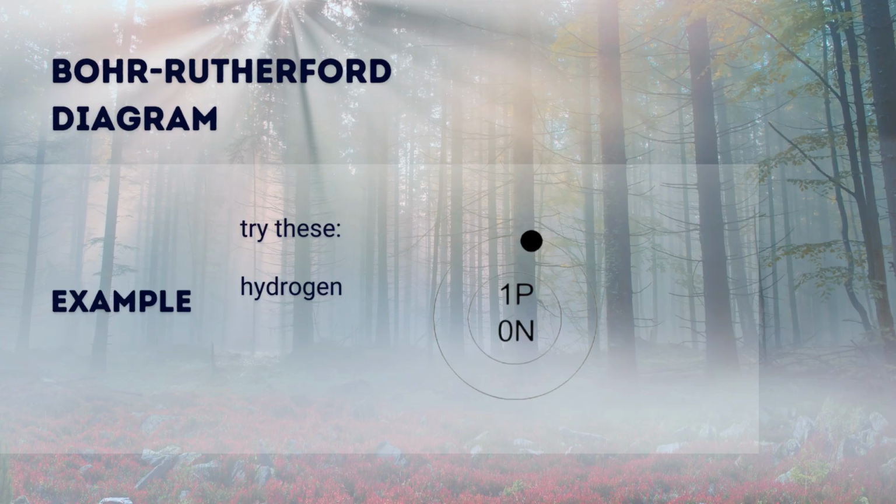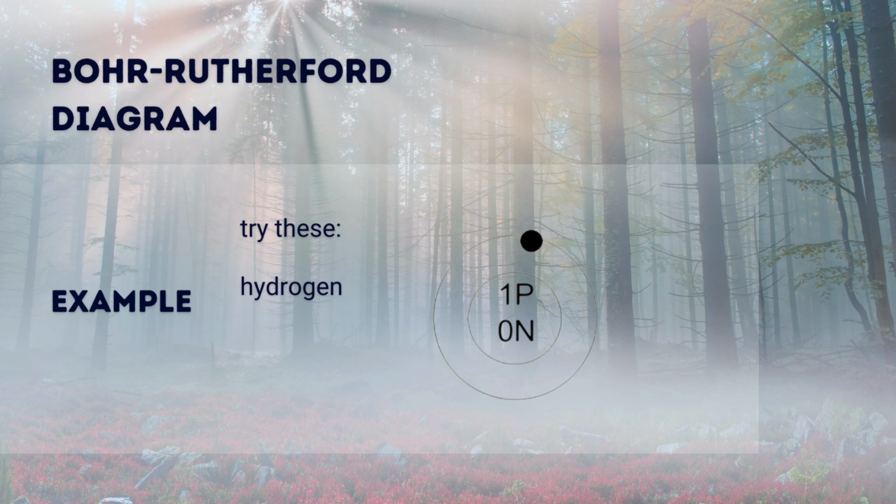For the next few slides, I would like you to create Bohr-Rutherford diagrams. As a reminder, to draw the Bohr-Rutherford diagram, you would typically first need to determine its atomic structure. Remember that the number of protons and electrons is the same as the atomic number. To determine the number of neutrons, you would simply subtract the atomic number from the atomic mass.